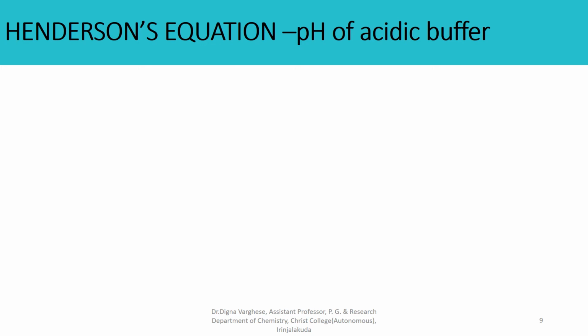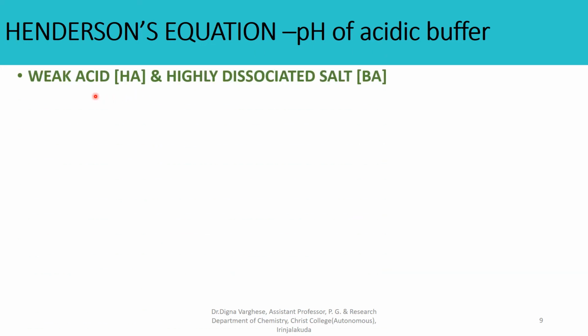Henderson equation is used to calculate the pH of the buffer mixtures. Here we are considering the pH of acidic buffer. We know acidic buffer is a mixture of a weak acid and its strong salt. Here we are considering the weak acid as HA in general representation and its highly dissociated salt is BA.